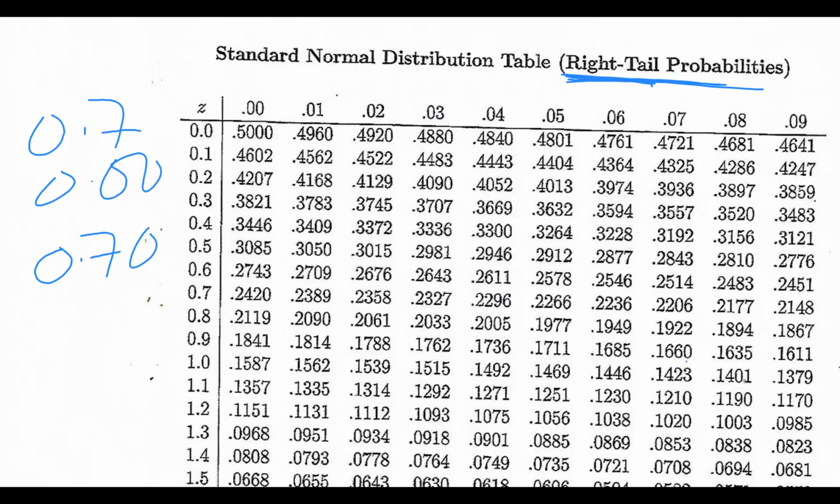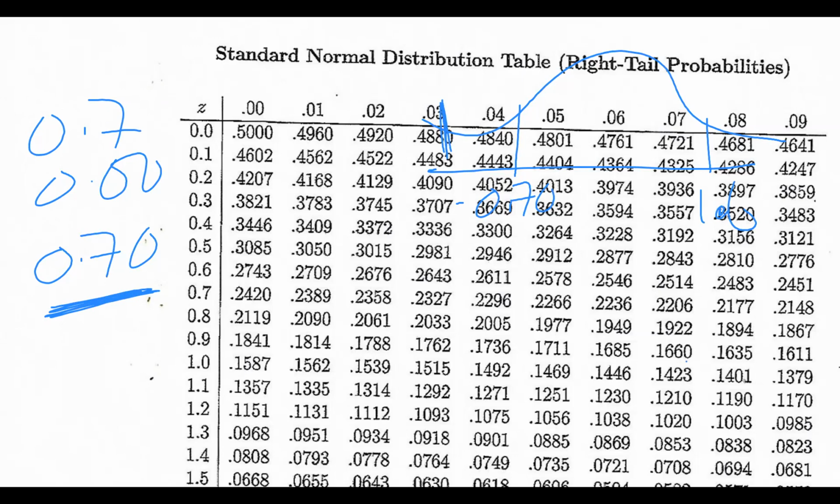Negative 0.70 is here, and 1.6 is here. The area that we are going to find for 0.70 is before the critical value, to the left.